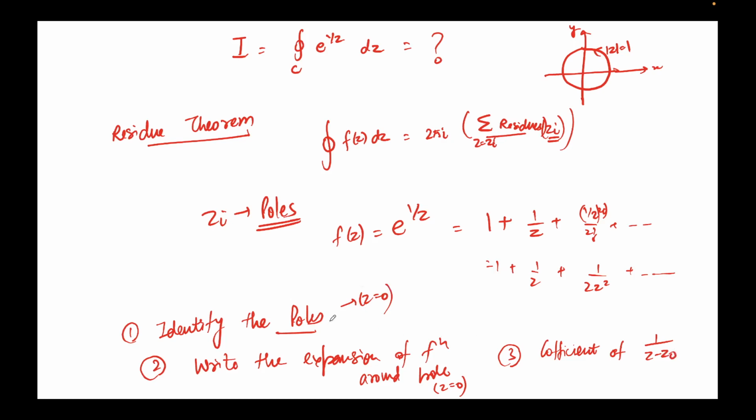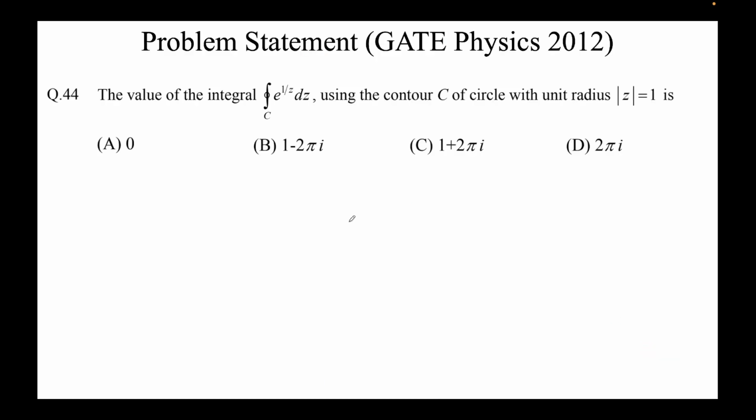So here z naught is the pole, so z naught equal to 0. So in our case, z naught is 0 because that's our pole, right? If you write the expansion around the pole, it will be 1 over z plus something over z square. I forgot the coefficient, and then higher order terms.